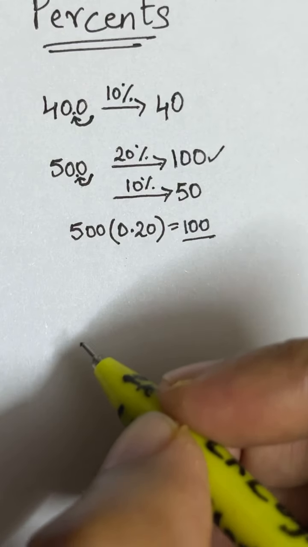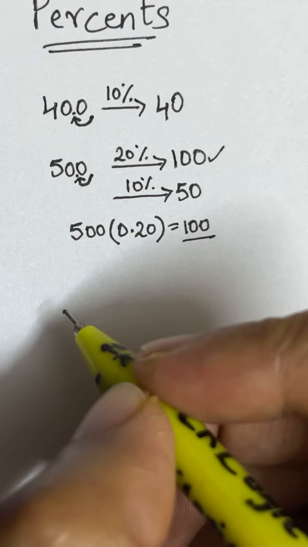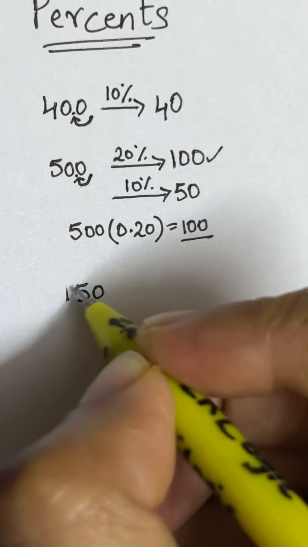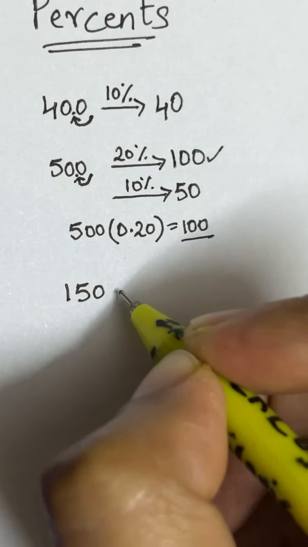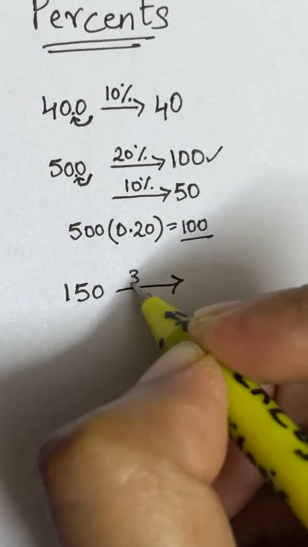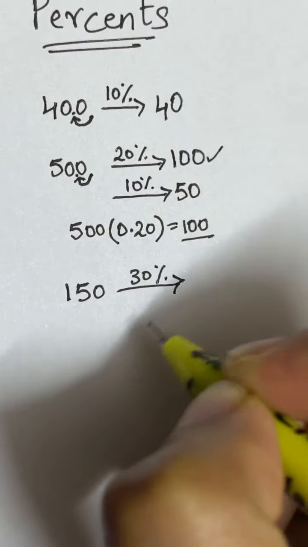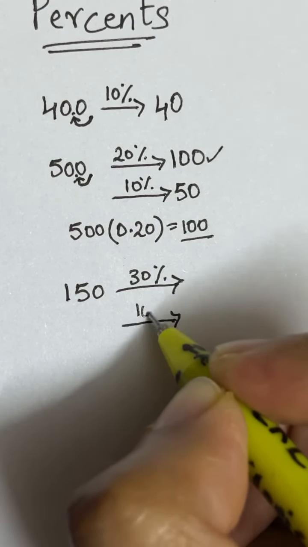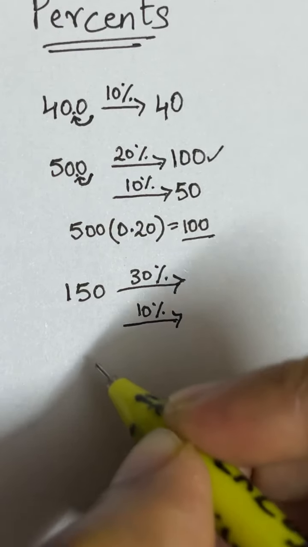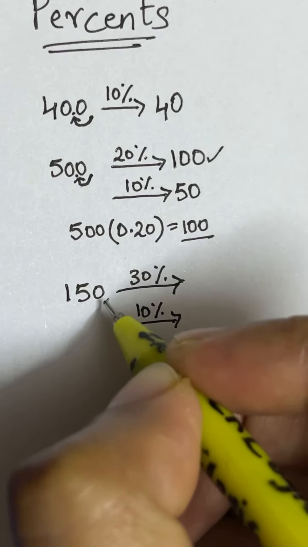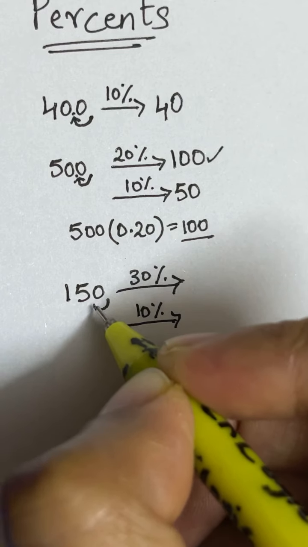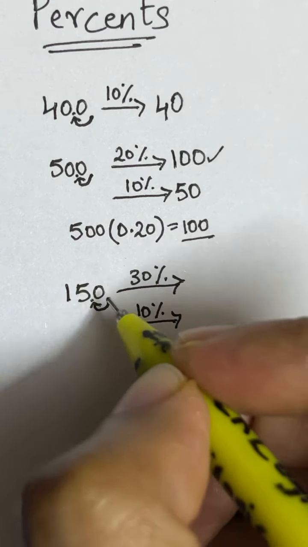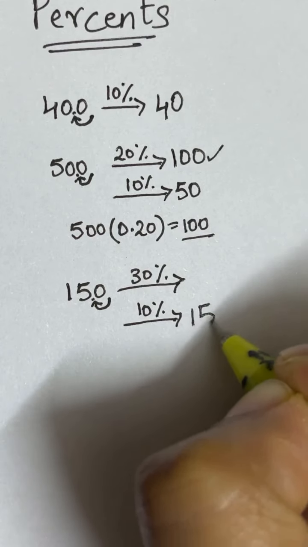Okay, let's see another example. For example, if you have to find 30% of 150. For this, I need to find out 10% first. What is 10% of 150? Just place the decimal towards the right side and move one slot towards the left. That's it. 10% of 150 is 15.